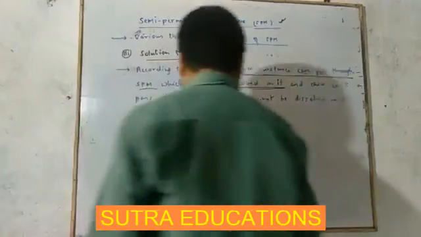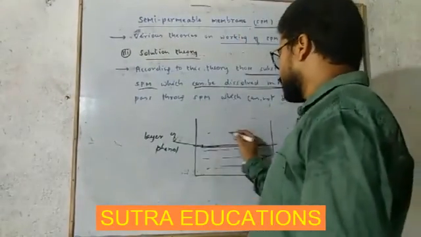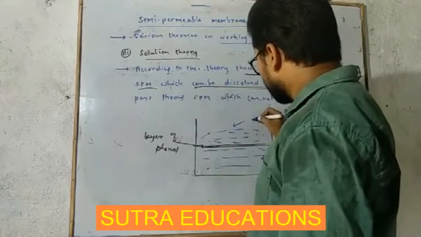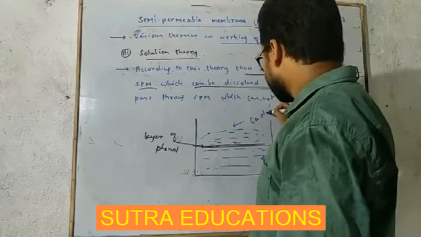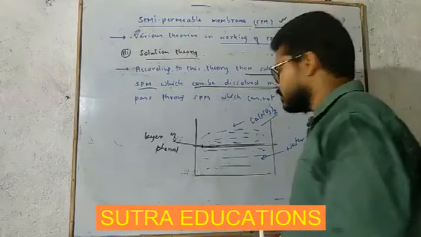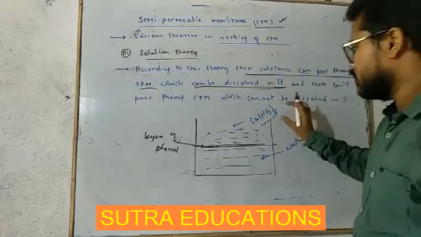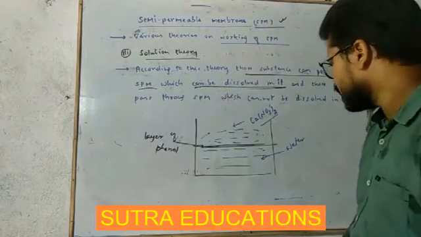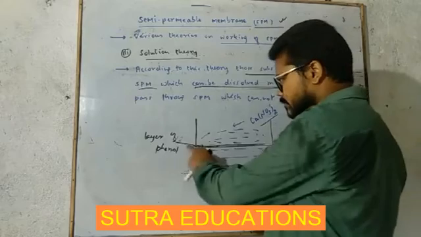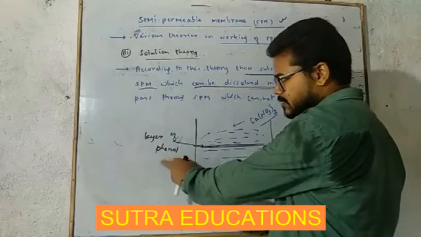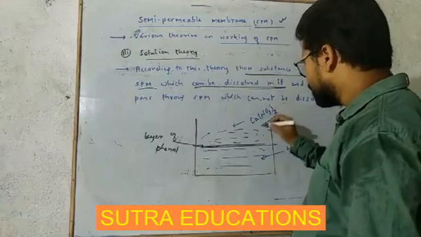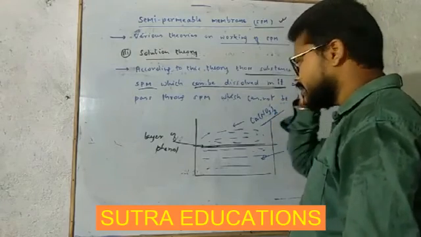And above this layer of phenol, an aqueous solution of calcium nitrate, Ca(NO3)2, is placed. Getting this? Here it is water, and above this water a layer of phenol, and above this a solution of calcium nitrate is kept.